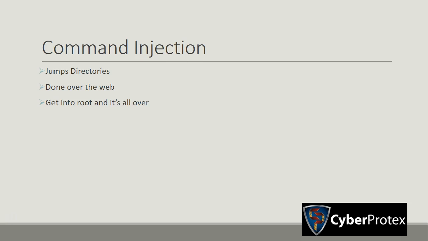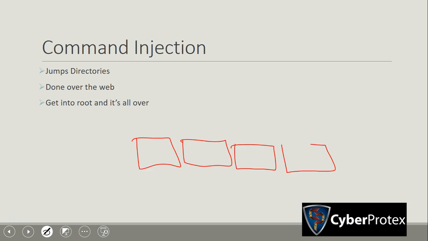So the command injection is just like the SQL, the XML and the LDAP injections. It is just a different version of attackers being able to implement their code. Now this is done over web servers, right? If there are a bunch of directories in existence, the users should be able to see the ones at the forefront. If root was all the way over here, it's going to be directories away from where the user should be able to see or get to.